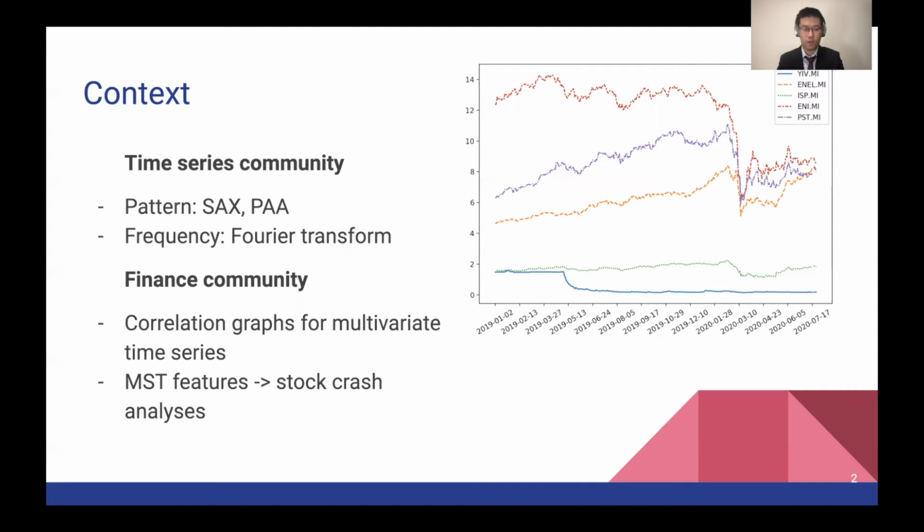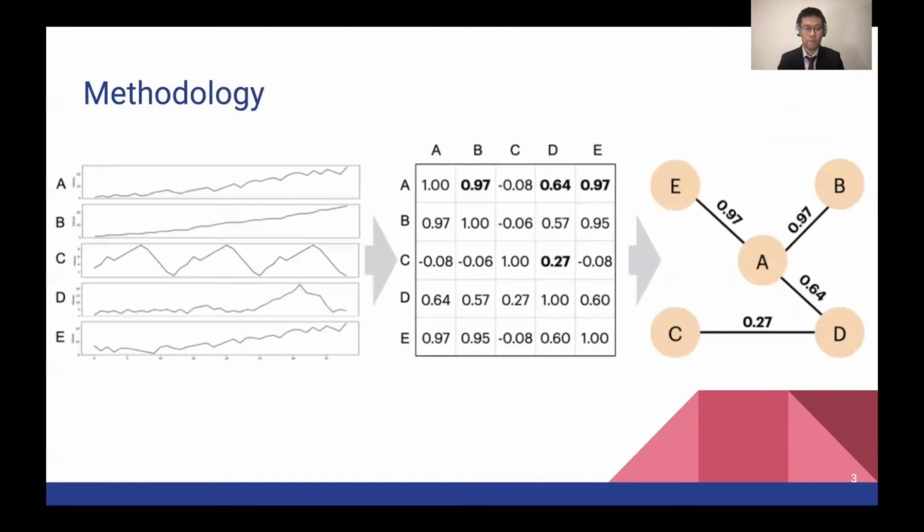They calculate the minimum spanning tree from the correlation graph and investigate the changes of features of the obtained minimum spanning tree. With these features, in particular the degree distribution, one can notice the period of stock crisis. So this is the basic methodology.